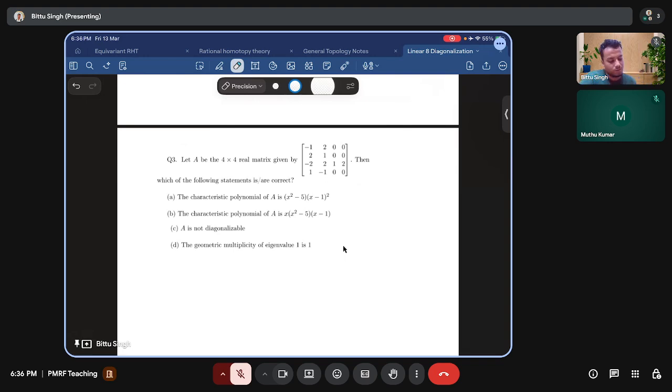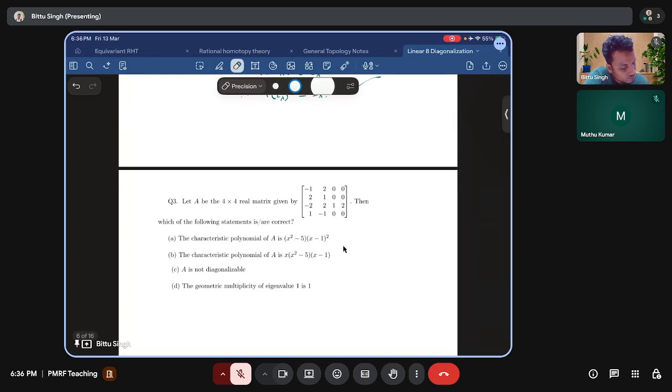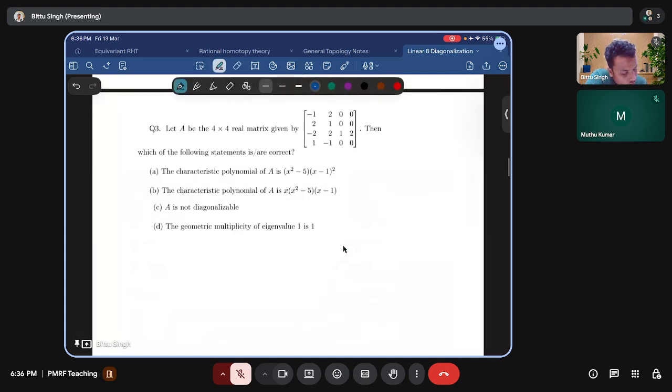Now let us try to solve some problems. Here a 4 by 4 matrix is given, right? Then which of the following statements is correct? So note that though A is a 4 by 4 matrix, it is a block lower triangular matrix, right?